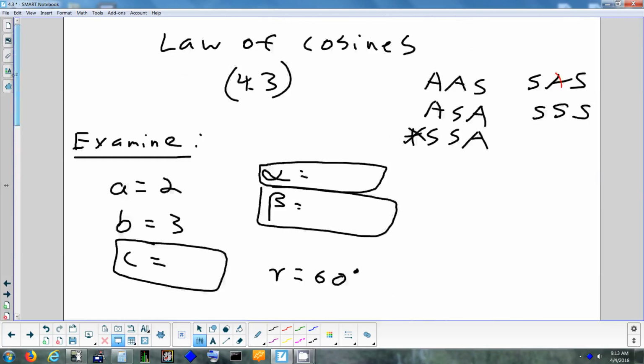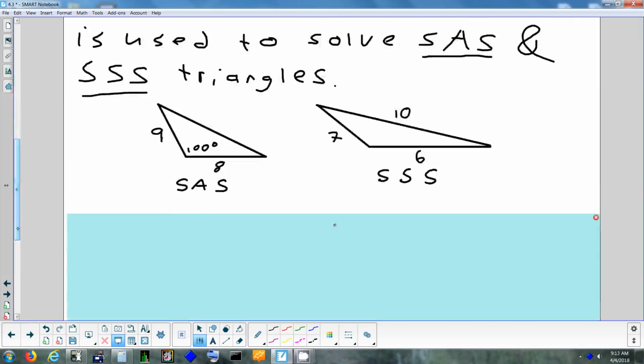We've done that before, but the difference is where the angle is. Before, the angle was not between the 2 sides. Now the angle that you know is where the 2 sides come together. And side, side, side is on the right.